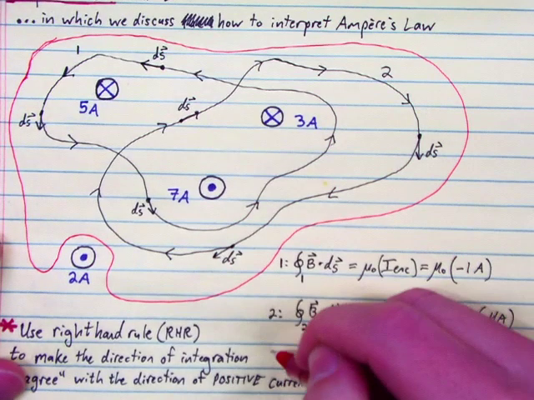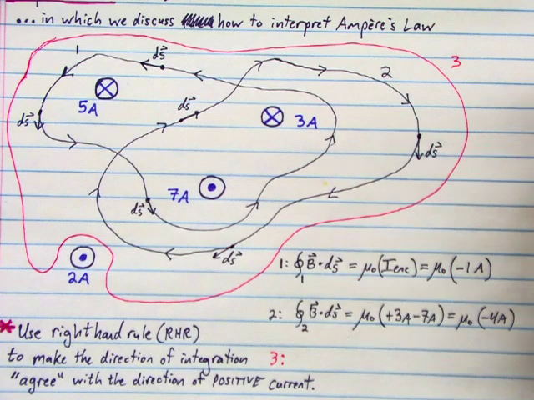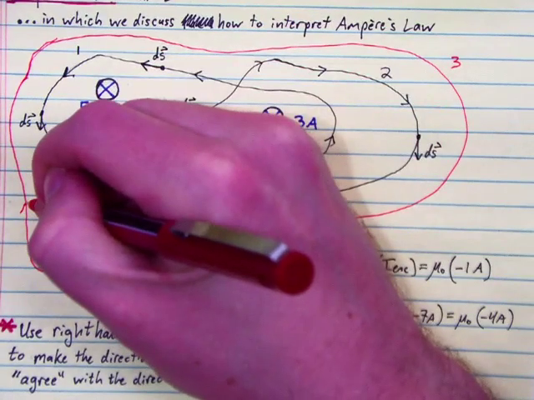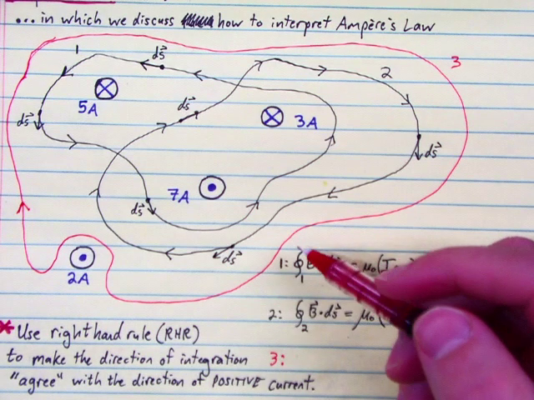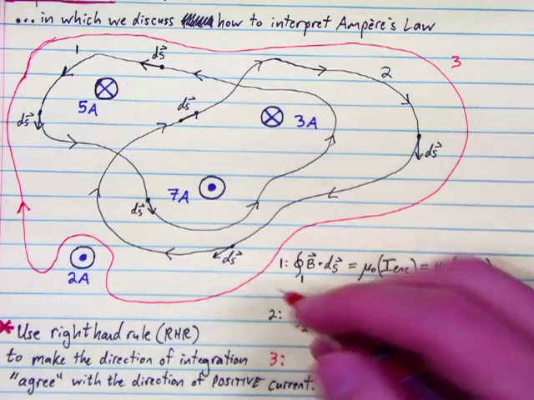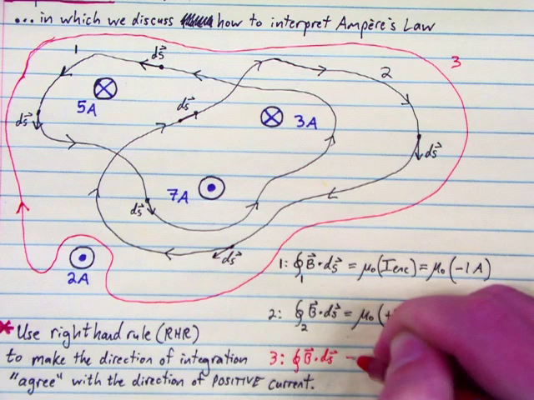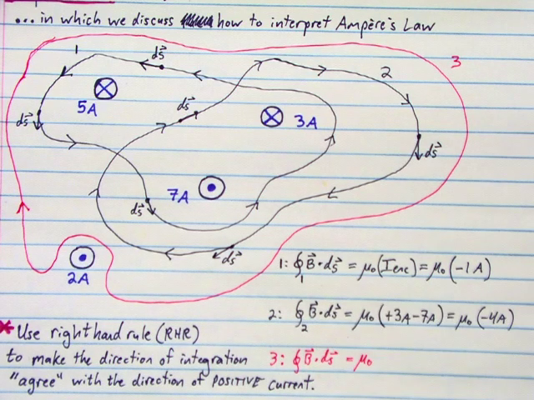Let's make that path number 3. And suppose we'll travel in this direction around that path. Okay, pause the video for a moment and work out the current enclosed by path 3.